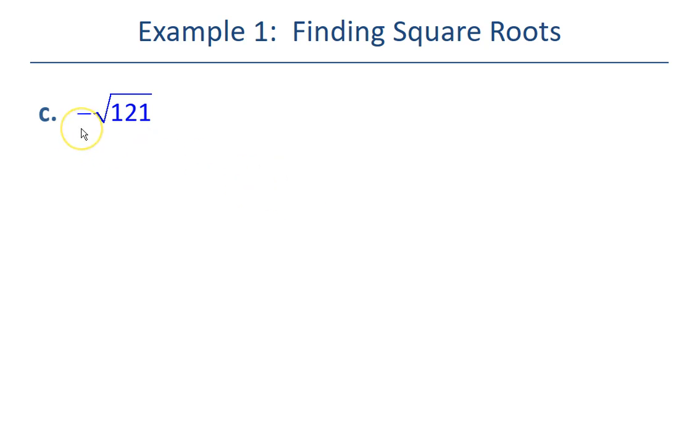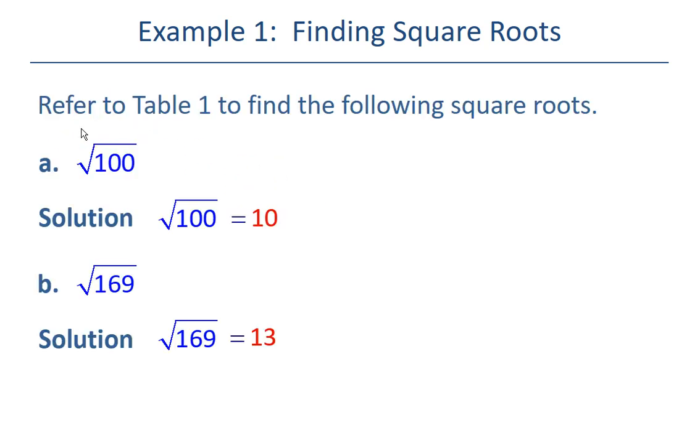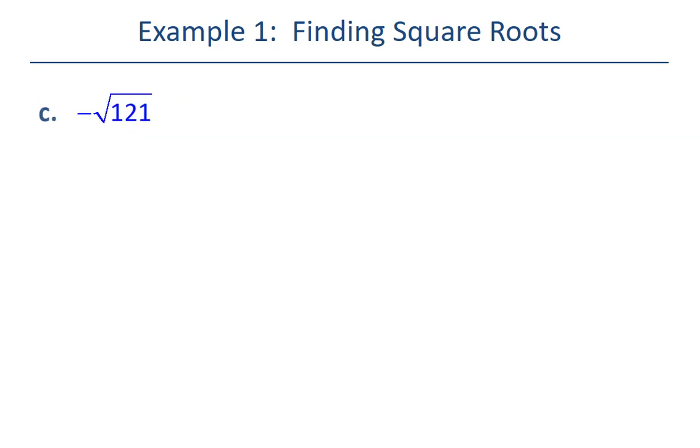Now here you need to be careful because the square root of 121 is 11, but notice there's a negative sign out in front. So then you apply that negative sign.